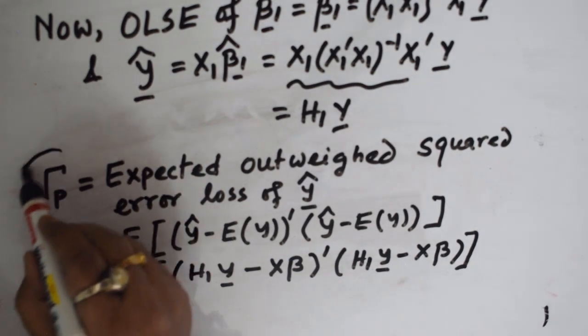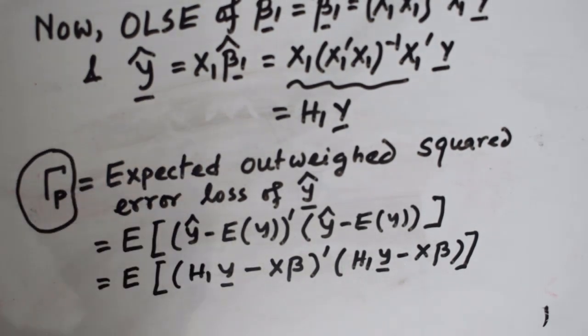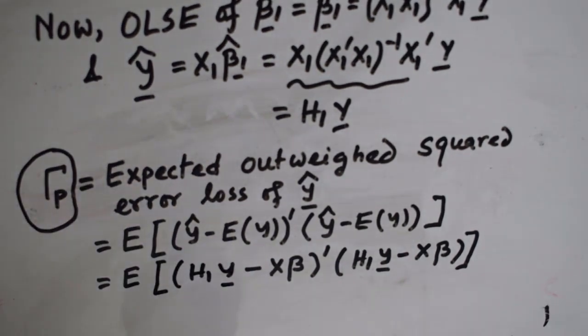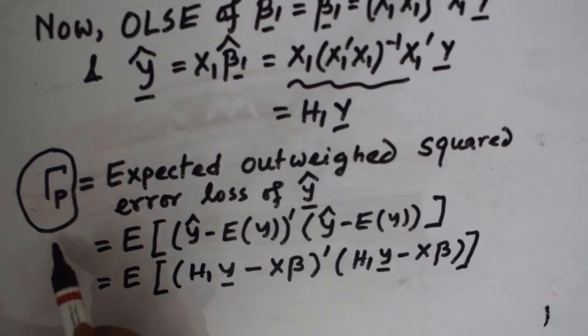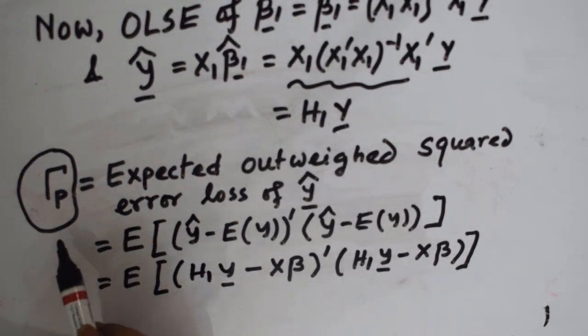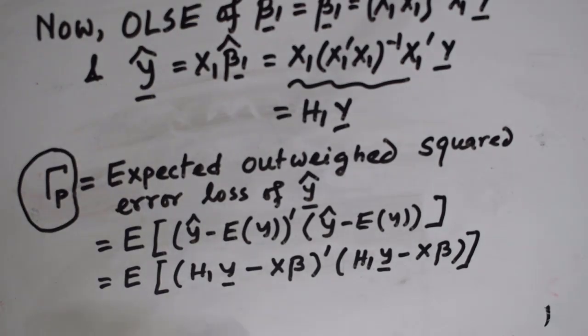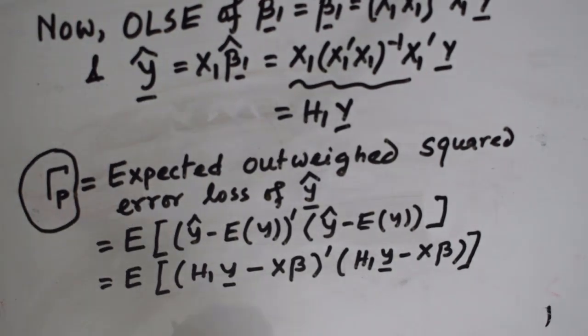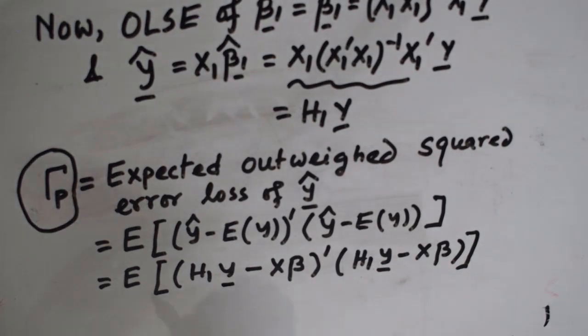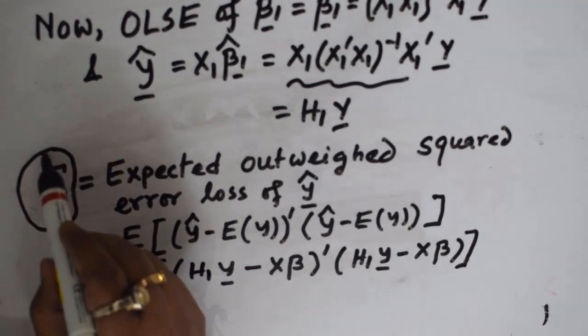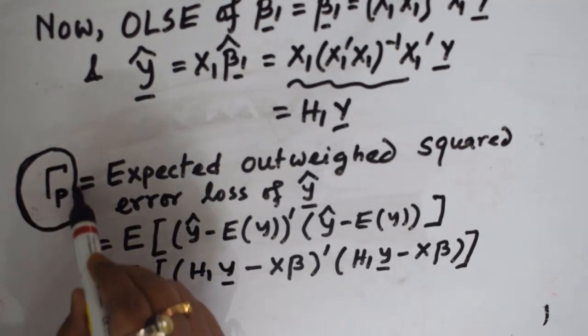Here we mention that if we use only p explanatory variables, and if this subset model y equal to x1 beta 1 plus delta is an appropriate model, then this capital gamma P should be small.